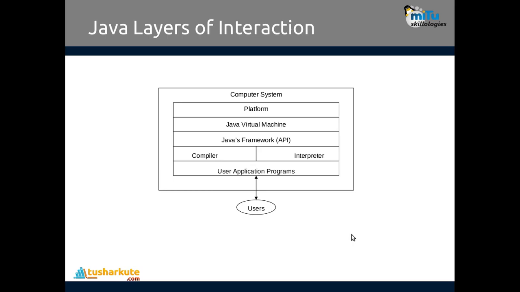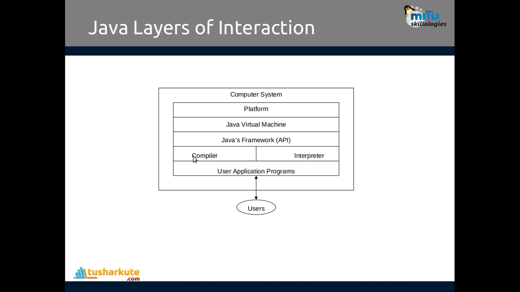Now some layers of interaction. How exactly does a Java program interact with the computer system? First of all, the user is responsible for writing the programs. We write the programs here, which we call user application programs. As a part of Java, we have the compiler and interpreter. The compiler makes use of the Java framework APIs to check whether the program is created correctly according to Java syntax or not.